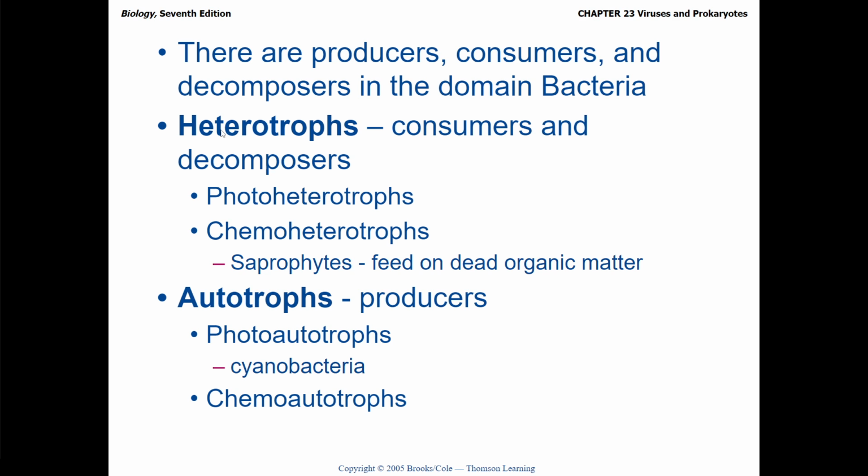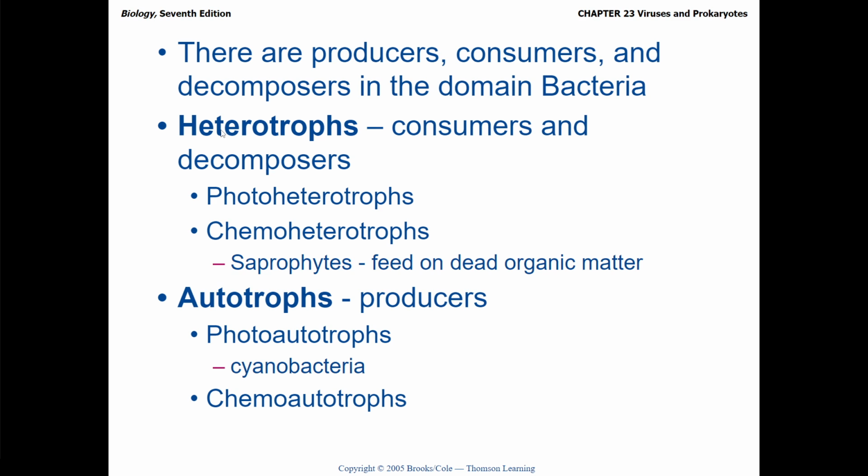Or chemoheterotrophs that primarily absorb chemicals from their surroundings or their environment, but can also eat other organisms. For example, saprophytes feed on dead organic matter. They're primarily after the chemicals, but they're consuming something that comes from another organism.